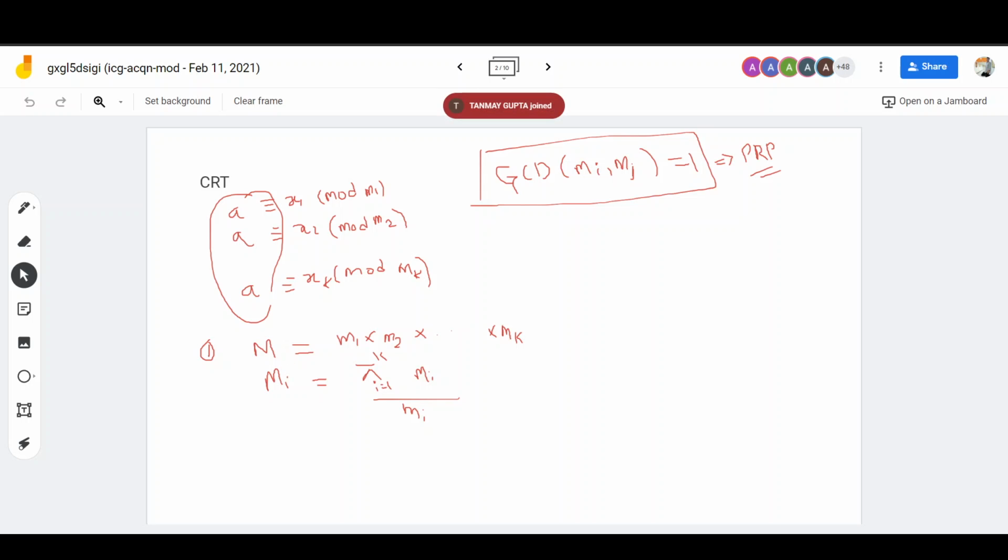So if I want to write M1, M1 is equal to small m1 into small m2 into, and so on, small mk, divided by m1. These two are going to be cancelled. What will remain is m2 multiply, and so on, multiply mk.